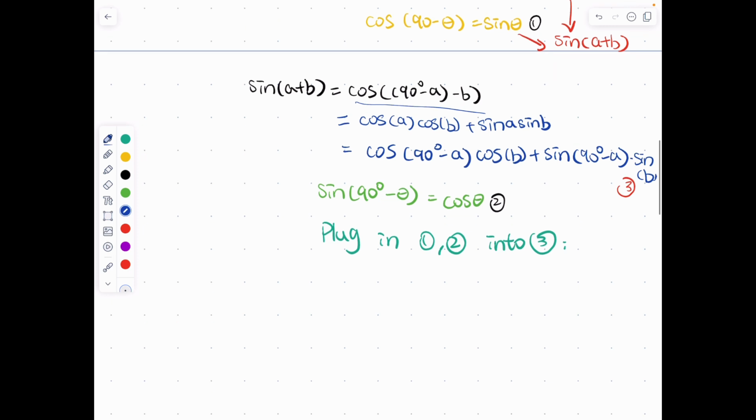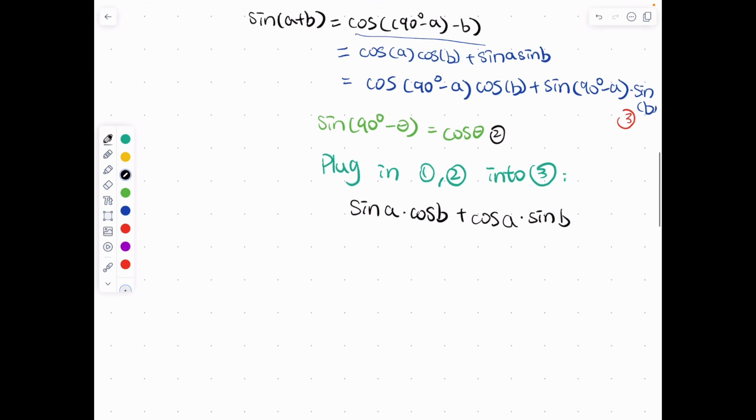And we can find that this part will be equal to sine of A, so that will just be sine of A times cosine of B, and plus, that part is equal to cosine of A times sine of B. Right?